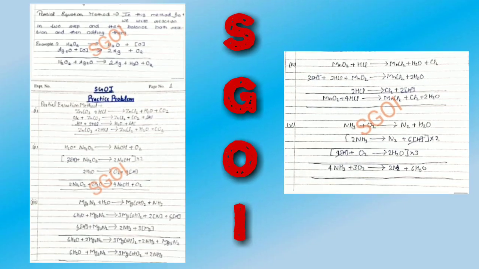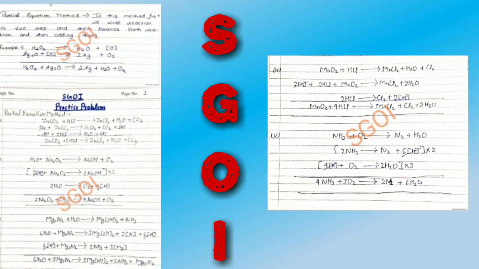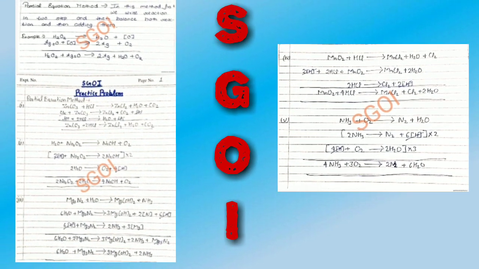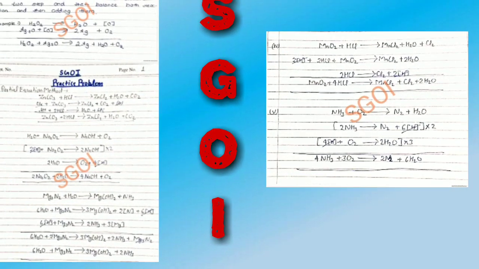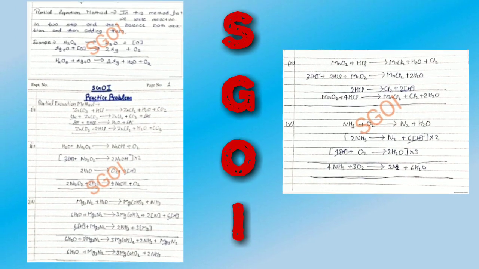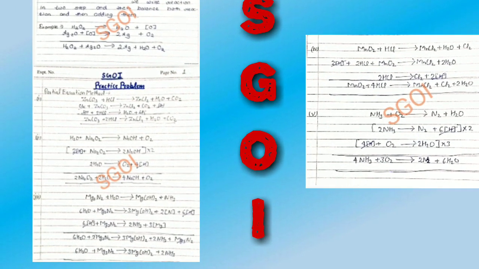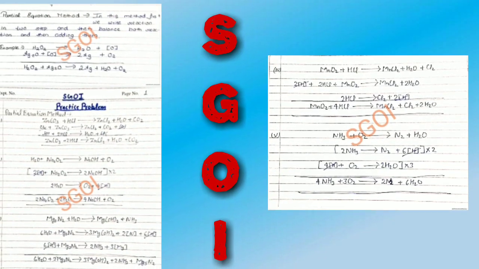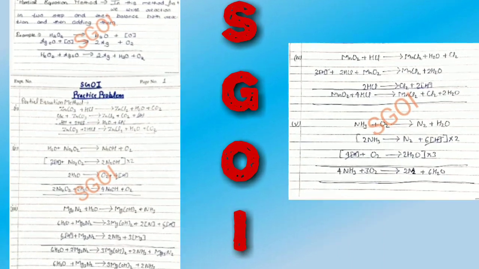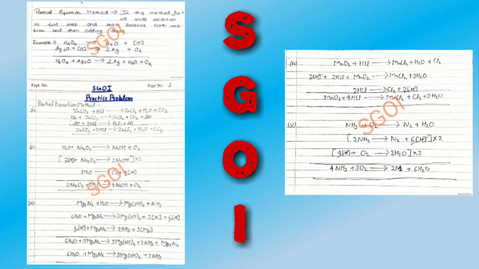Now in the second half reaction, first we balance chlorine by multiplying by 2 in HCl and hydrogen by nascent hydrogen. Add these two half reactions so that nascent hydrogen cancels out and the final equation is MnO2 plus 4HCl gives MnCl2 plus Cl2 plus 2H2O.